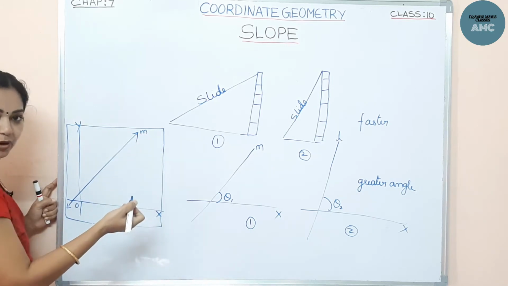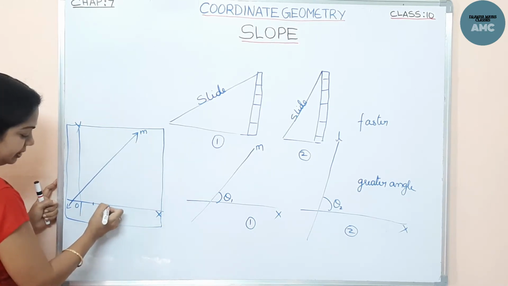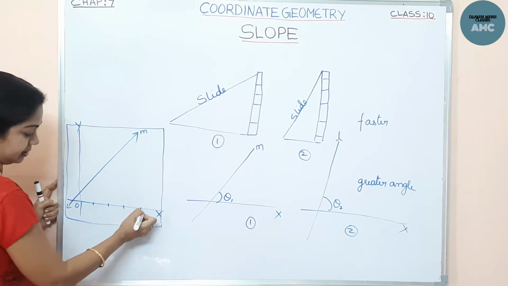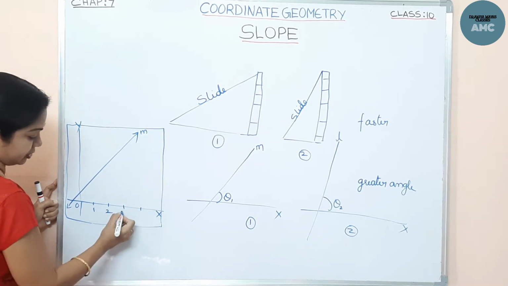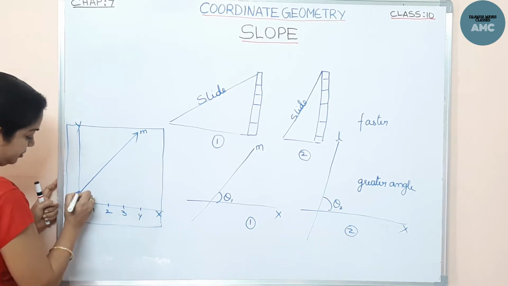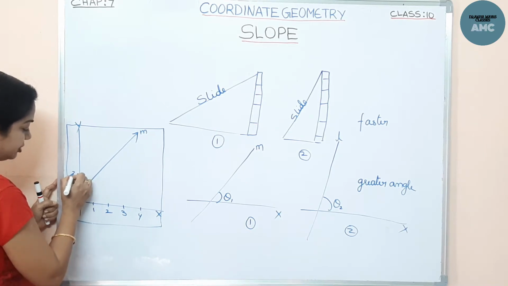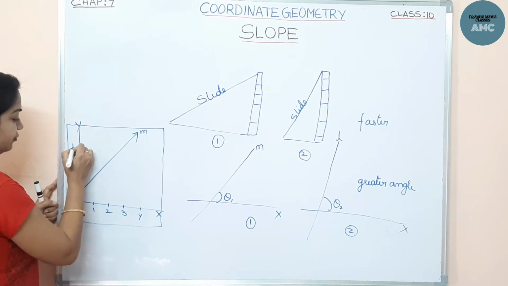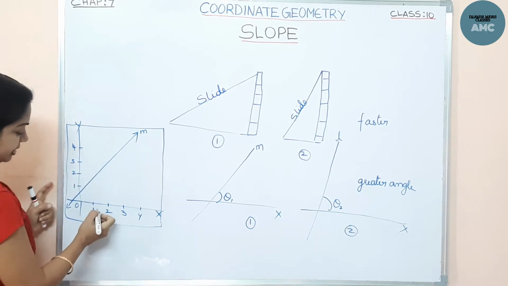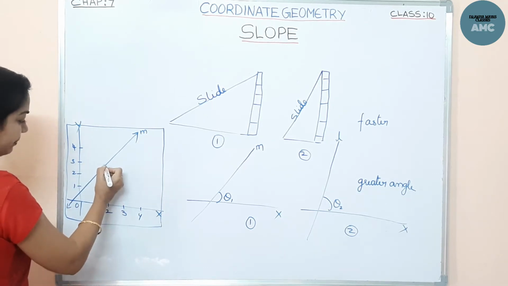By joining the points, right? Here these are the x coordinates. Let me suppose 1, 2, 3 and 4. Now these are the y coordinates, 1, 2, 3, 4. Now I get a point here.